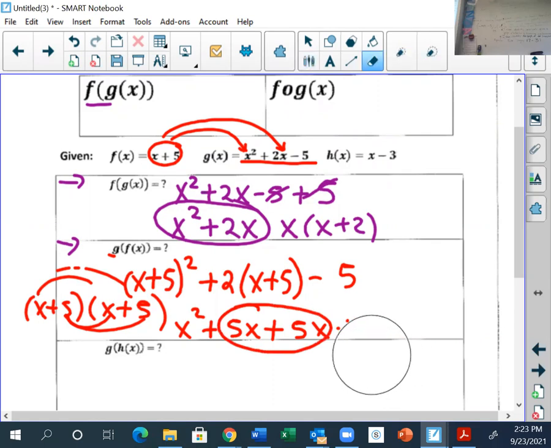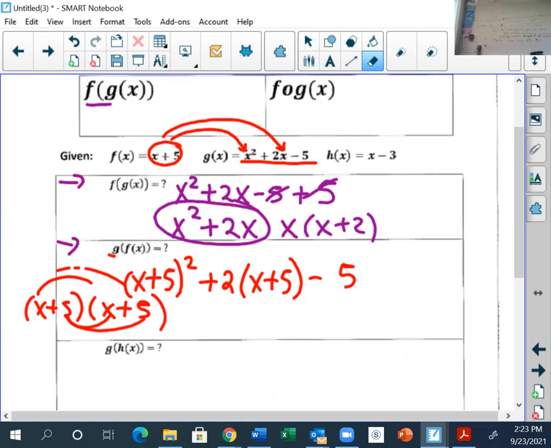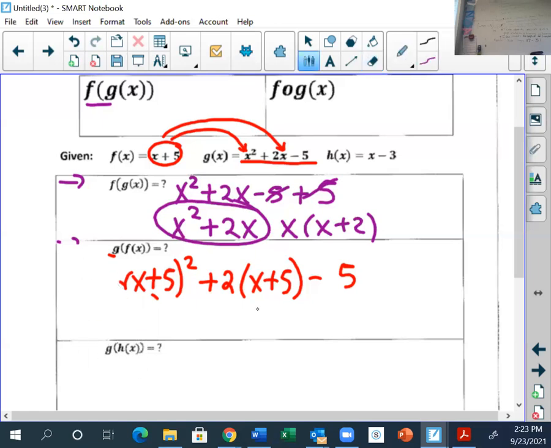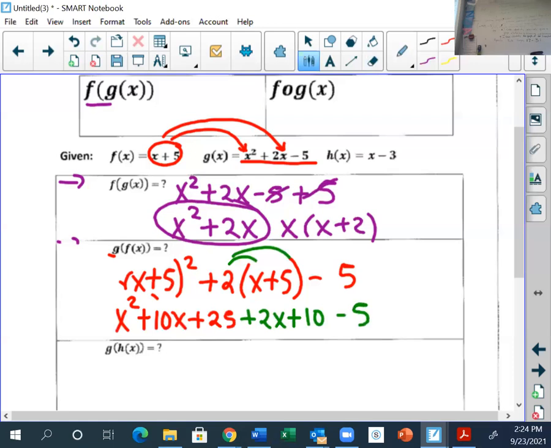So the first part, when I square x plus 5 times x plus 5, I get x squared plus 10x plus 25, right? For this part, all I have to do is distribute: 2 times x is 2x, plus 2 times 5 is 10, minus 5, right?